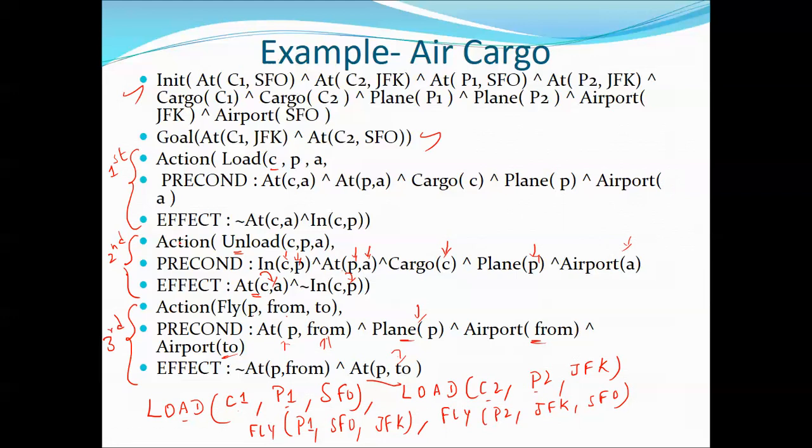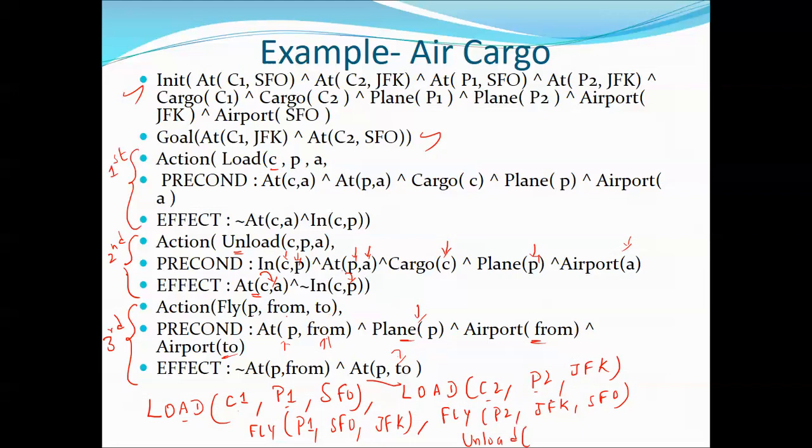Unload. Okay, finally we should do unload. Unload(C, P, A). So unload what? Now cargo C1 has reached where? Cargo C1 is in JFK, and cargo C2 is in SFO. Right?